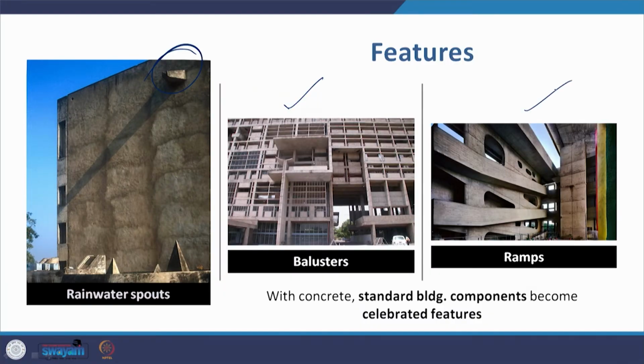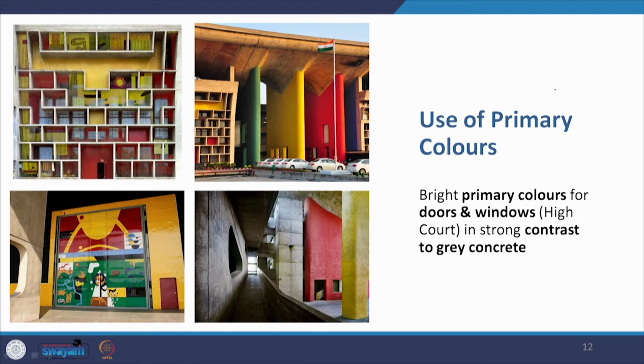Then you have the balusters and you have the ramps, and then there is of course the use of primary colors. There are the bright primary colors of these vast pilotis, flat pilotis in green, yellow and red. There is the vast entrance door to the Hall of Justice, and then the doors and windows have the primary colors in strong contrast to the grey concrete right adjacent to it.